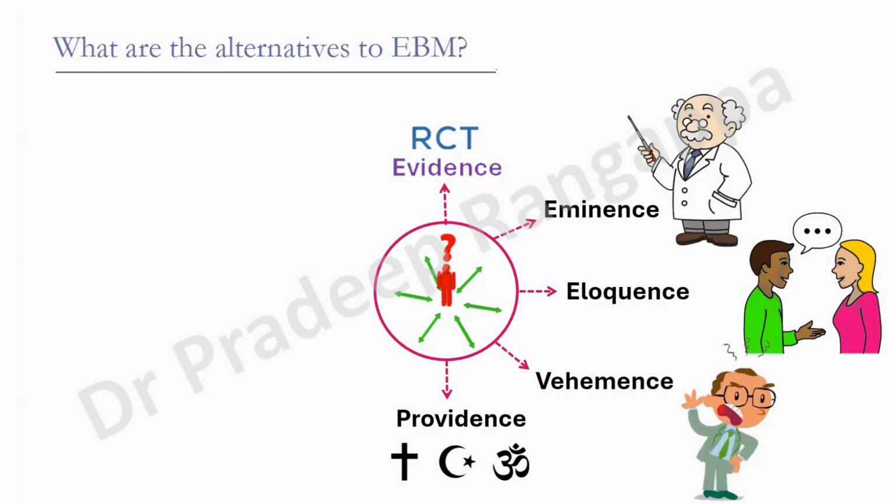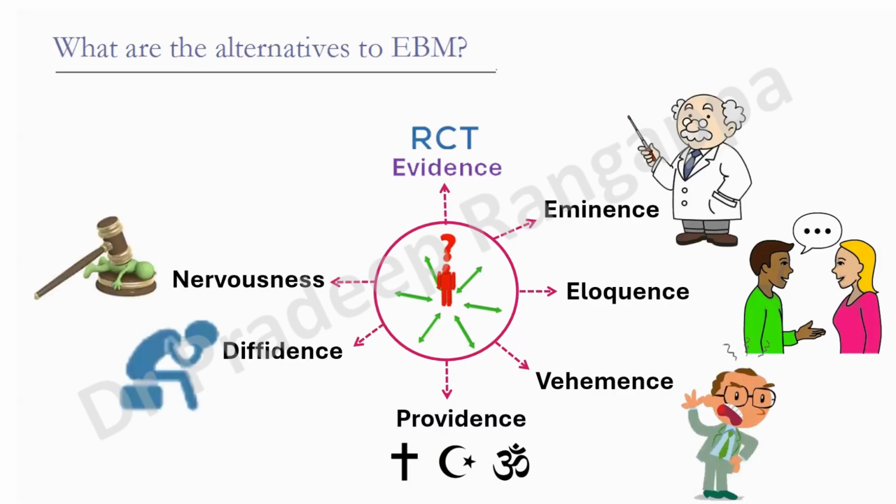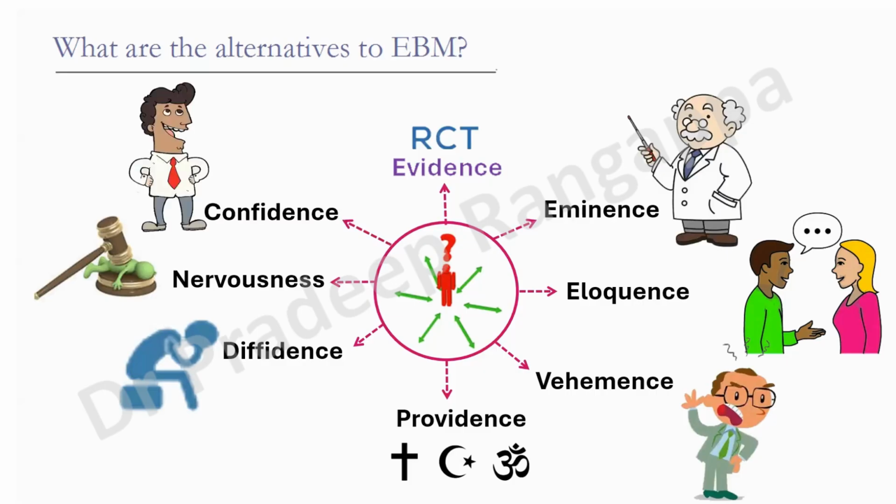And someone may attribute most of their practice patterns to religious belief systems, or diffidence, and many of them may follow the type of medicine fearing the litigations that may happen, which is nervousness, or someone may just be doing it confidently with a lot of ignorance. So these are the different practices that prevail in any healthcare system.